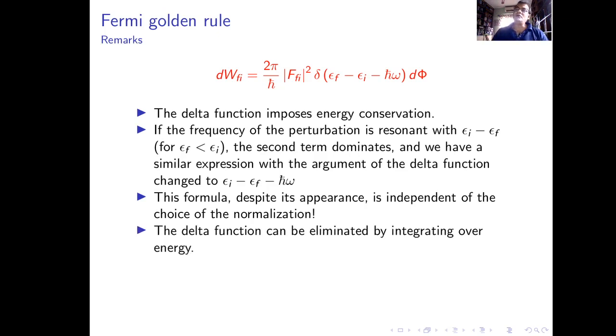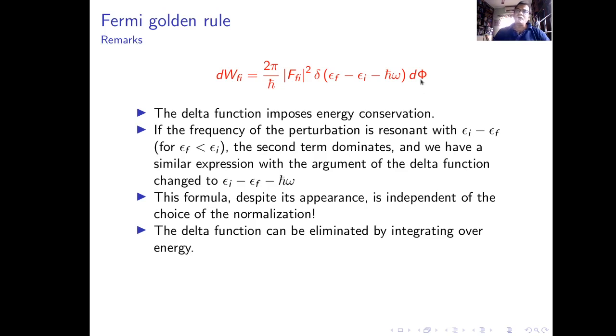And one more important thing, we said that this gives us the probability per unit time of transitions to a bunch of states close to the final state f, where how close is denoted here within the d phi. D phi involves d alpha, the eigenvalue range which labels the final states.